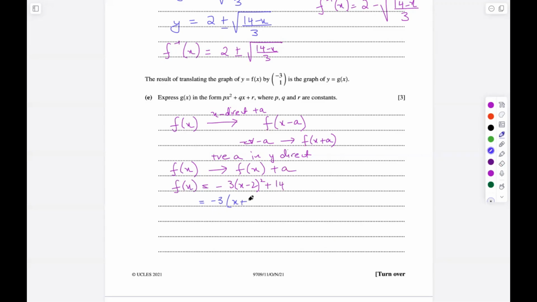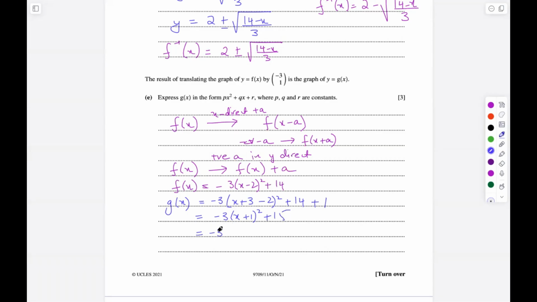So this will become x plus 3, and then the minus 2 will remain as it is, whole squared plus 14. And as we have 1 unit translation in the y direction, 1 will be added to the complete function. Now simplifying this to get the expression for g of x, we will get minus 3 into (x plus 1) whole squared plus 15.